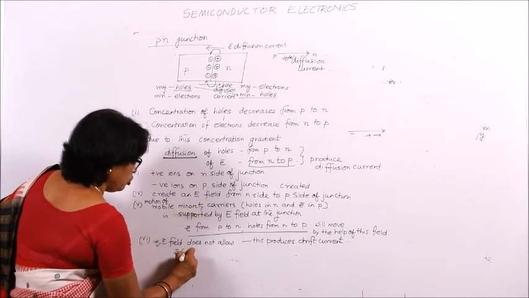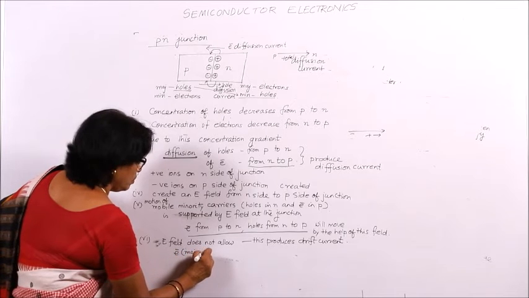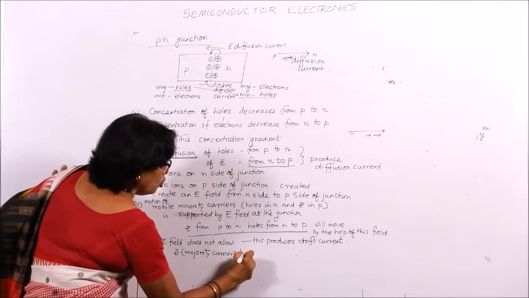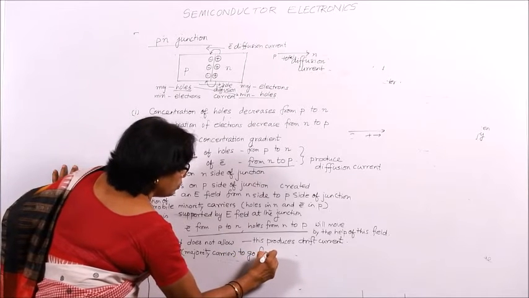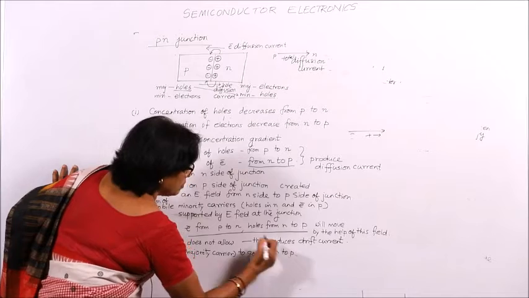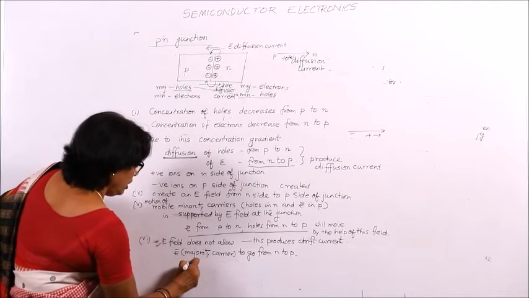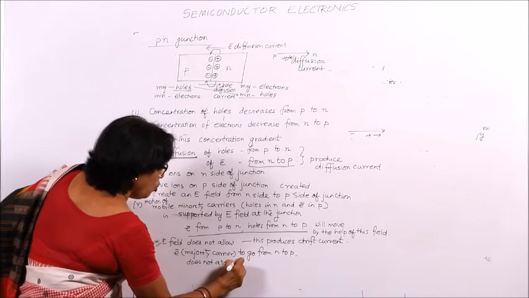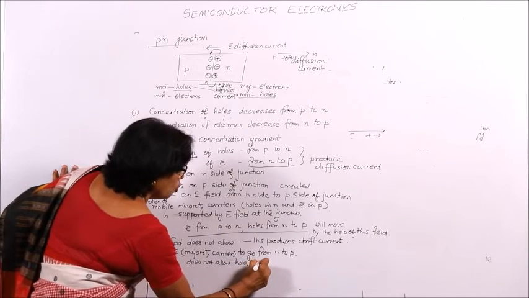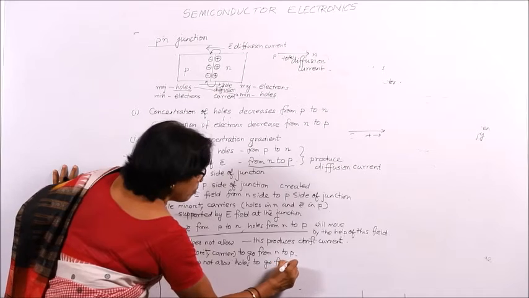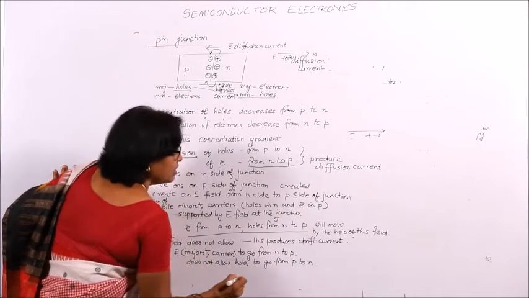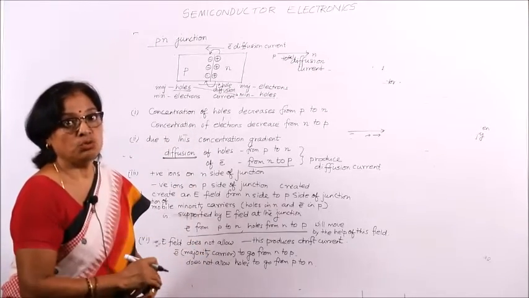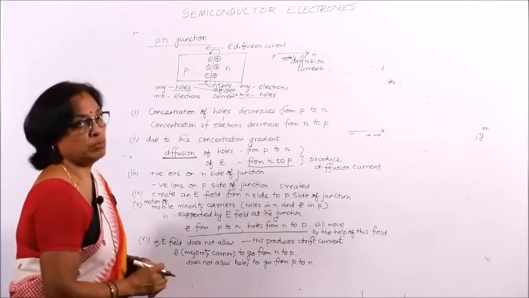electrons, that is majority carriers, to go from N to P. It also does not allow holes to go from P to N. That means it does not allow the majority carriers to change their position.